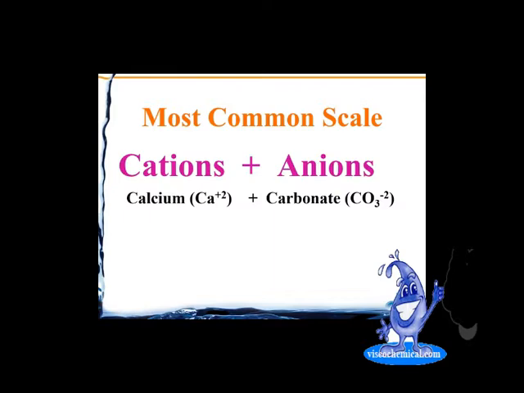The most common scale on the planet is calcium carbonate, and that's true whether we're talking brackish water, fresh water, seawater, whether we're talking surface water or well water. It's because 4% of the Earth's crust is calcium, so our waters all come into contact with calcium, and the carbonate is coming from CO2, and we all know that about CO2 in the atmosphere.